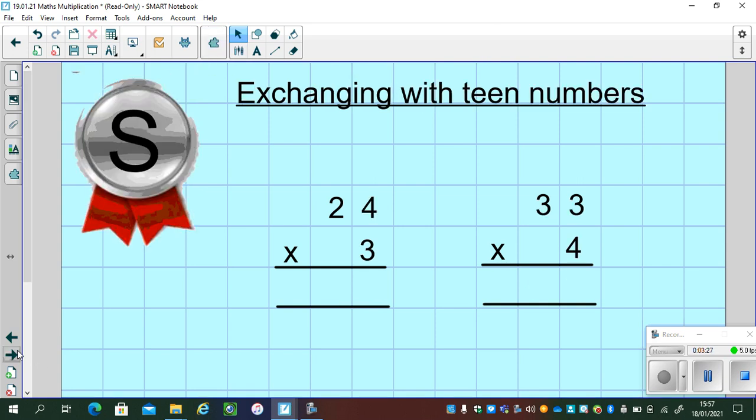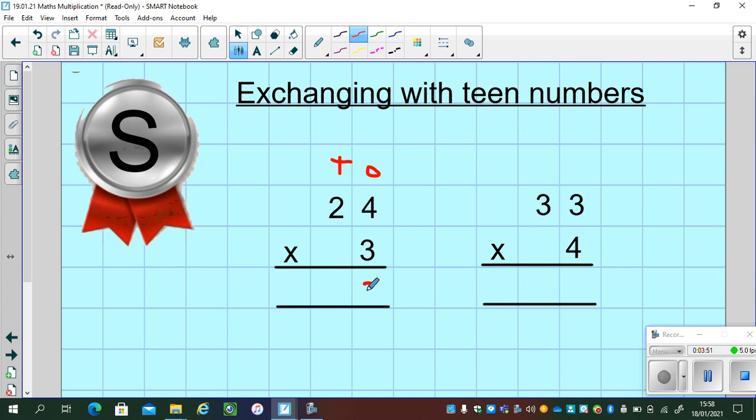Silver, we're exchanging with some teen numbers. The first one I've got here is 24 times by 3. So again, I've got my tens and my ones. 24 is 2 tens and 4 ones. And I'm multiplying by 3. The 3 belongs in the ones column. Let's start with the ones. 3 times 4 is 12.